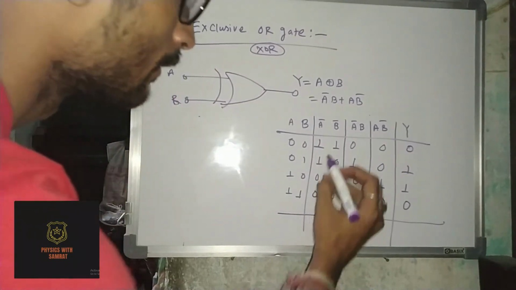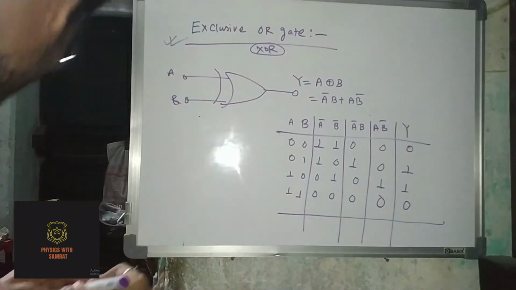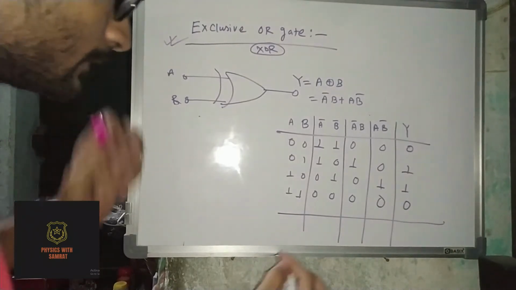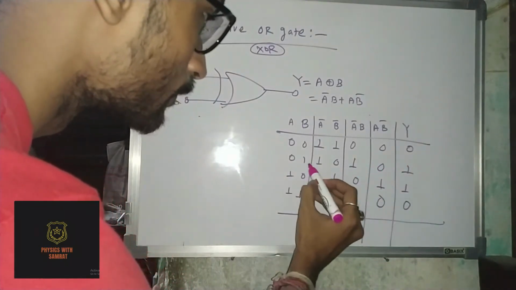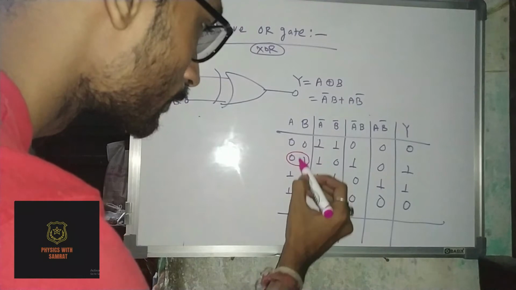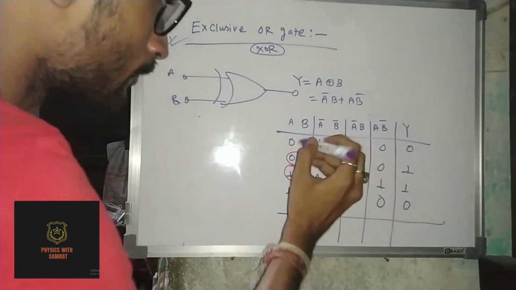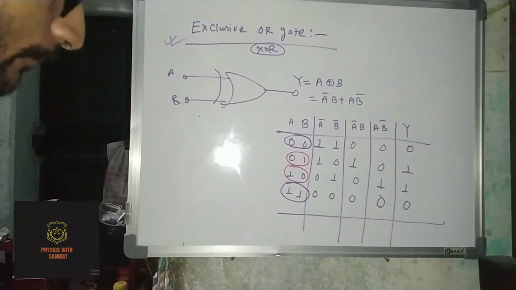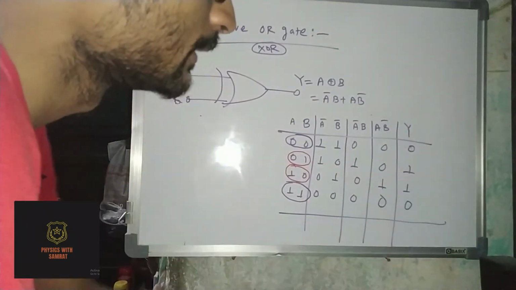From here we can conclude many things. First, we can conclude, let's see. When both the inputs are same, it gives nothing.